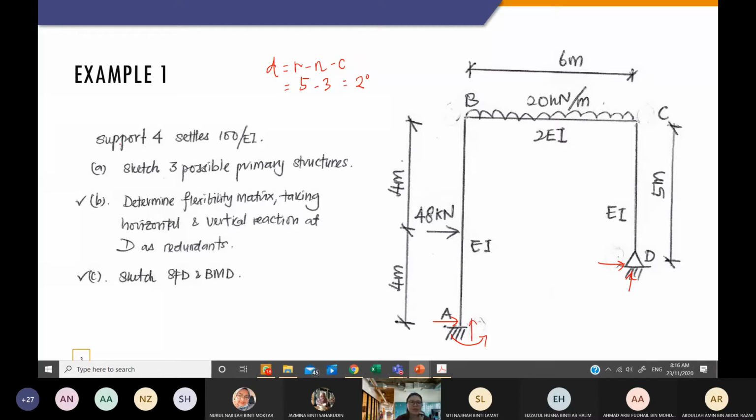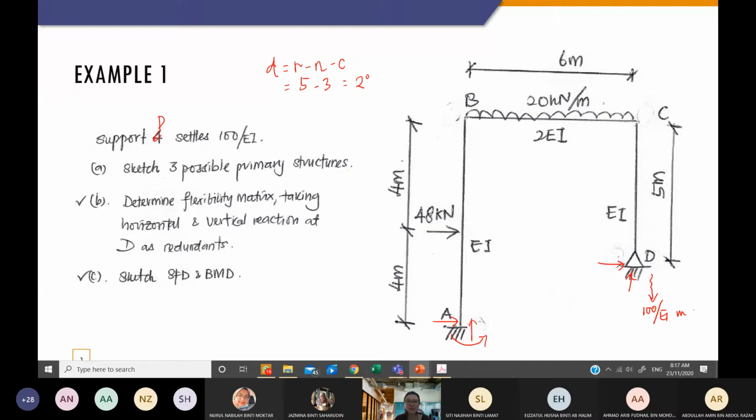If you see the question here, I have summarized it. They said support D, I suppose, settles 100/EI meters. Okay, means that there is a displacement at D, which is going down. And the first question is, please sketch 3 possible primary structures.